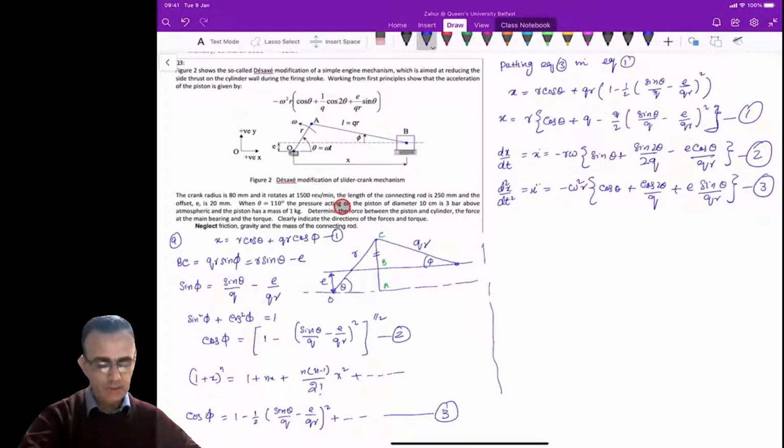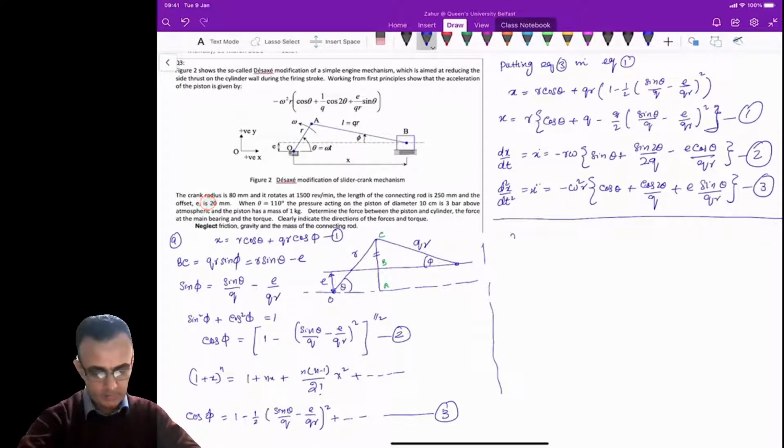We can solve the second part, which is this part here. So the crank radius is given, which is r, and which is 80 millimeter, and it rotates with omega, which is 1500 rpm.